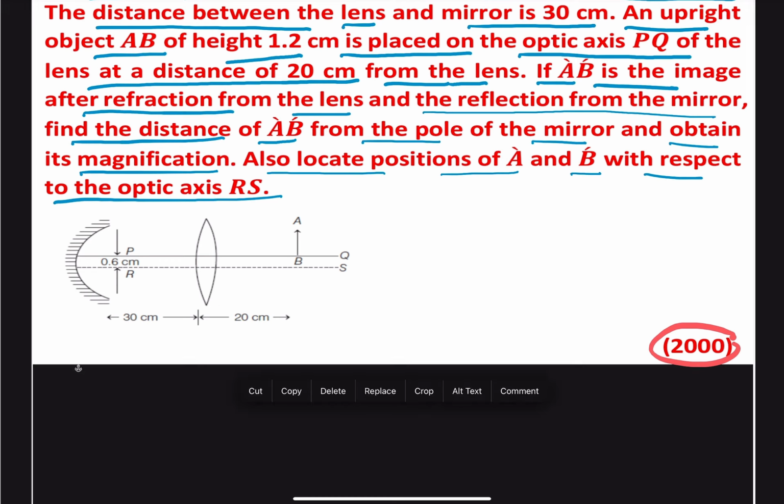So PQ is the axis of our lens and RS is the axis of the mirror, and we have to find the distance of the image, represented as A prime B prime, and also the location of A prime as well as B prime with respect to the optic axis RS.